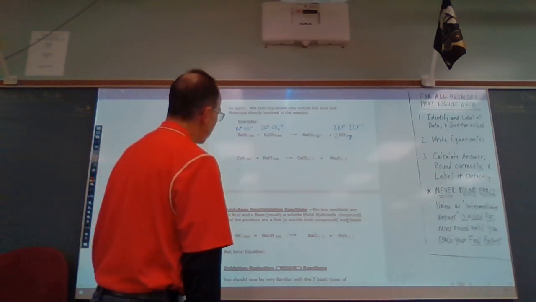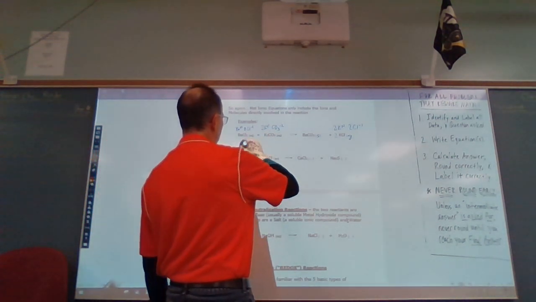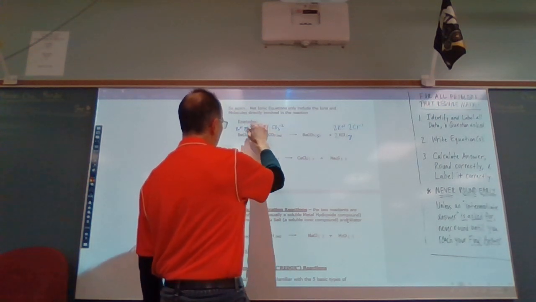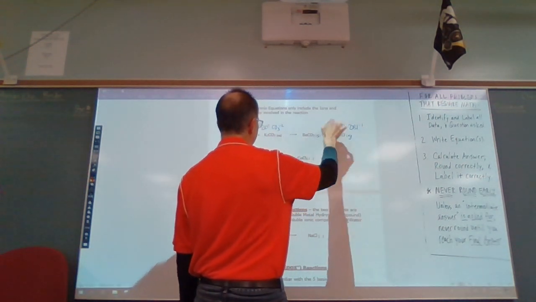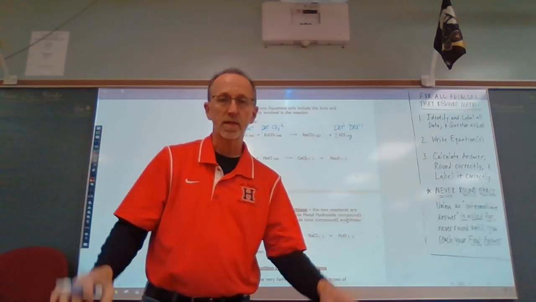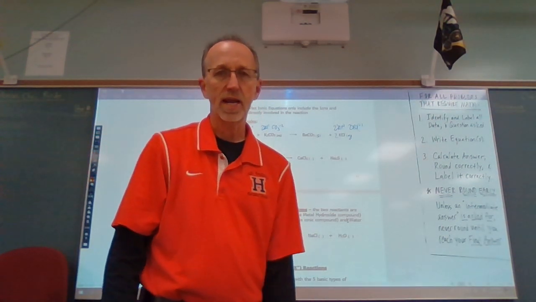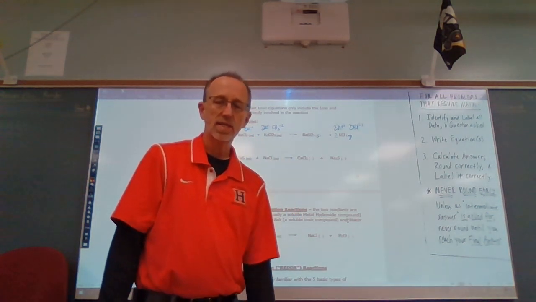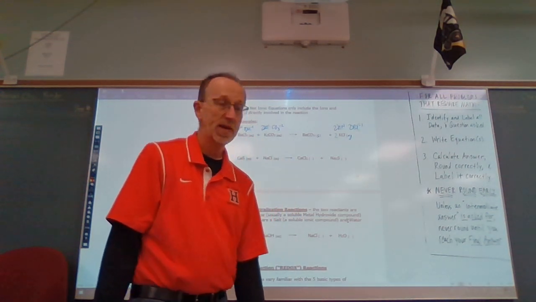So, what are our spectators? Well, looks like chloride's a spectator and potassium's a spectator. Again, I'm not going to make you write out the complete ionic equation. We're just going to skip past that and go right to the net ionic equation after we cancel the spectator ions.